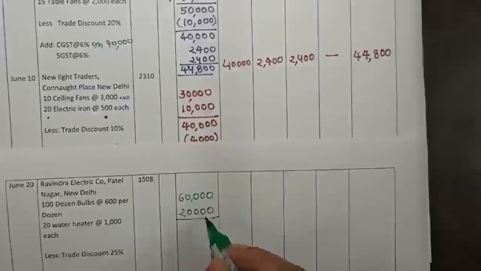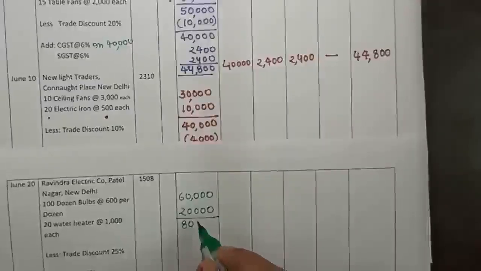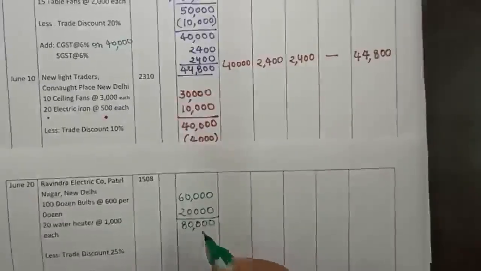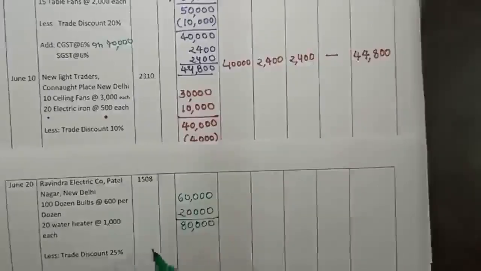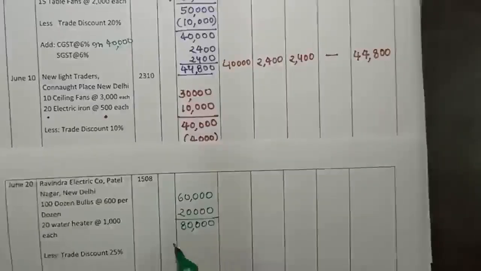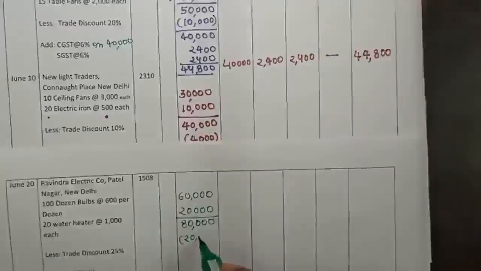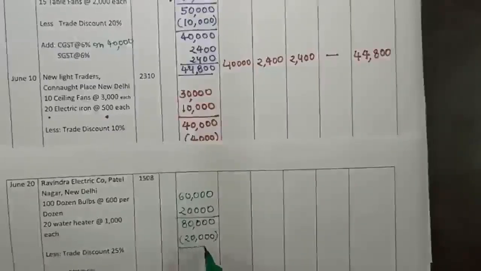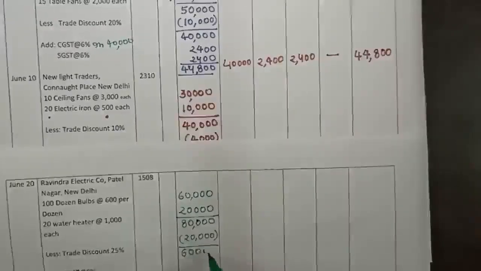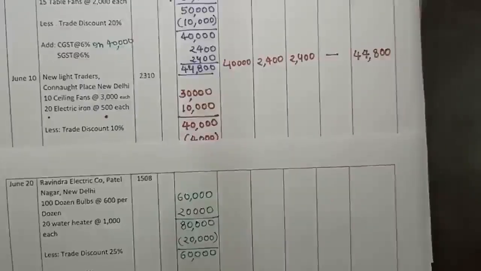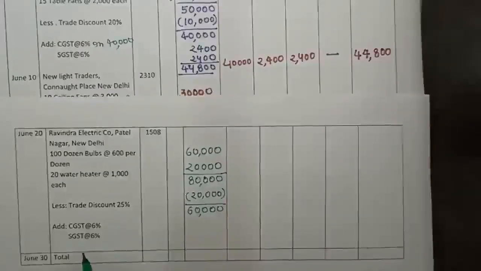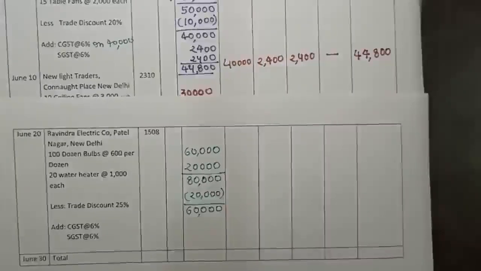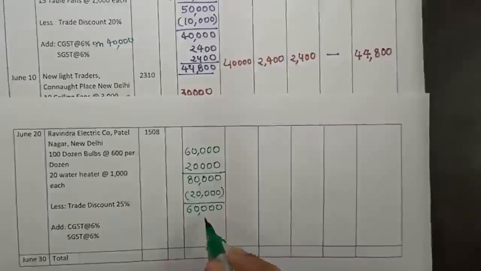Now adding both, what will be the total of 60,000 and 20,000? 80,000 rupees. Now here we have a trade discount of 25%. So 25% of 80,000 will be how much? 20,000 rupees. It will be 60,000. Now next step, to find out again the CGST and the SGST at the rate of 6% on 60,000.